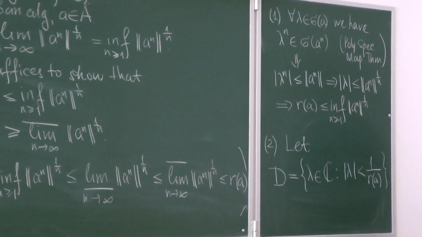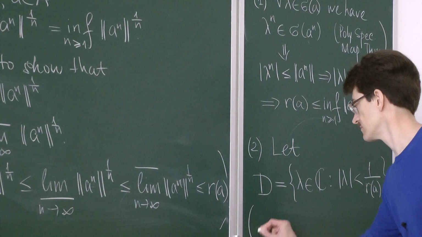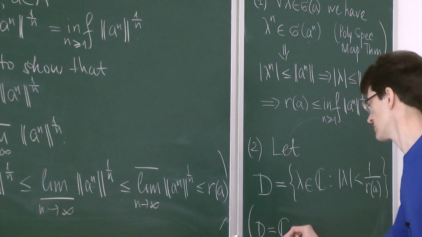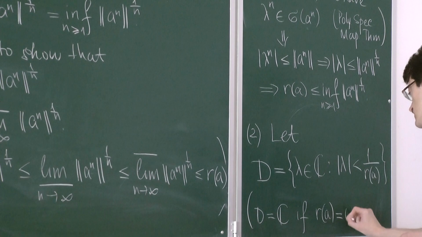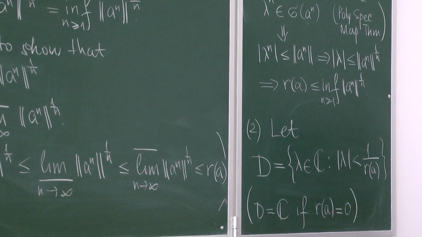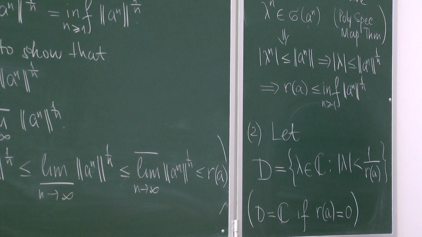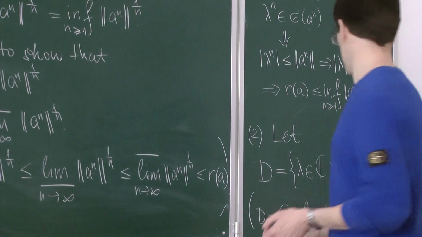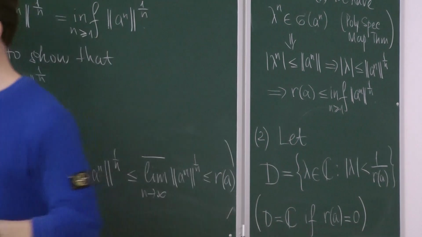If the spectral radius is 0, then D is just the complex plane. So we'll let 1 over 0 equal infinity. But if the spectral radius is positive, then this is a disk.